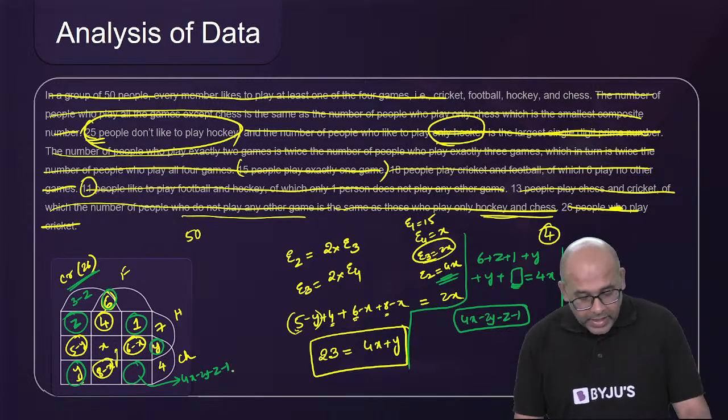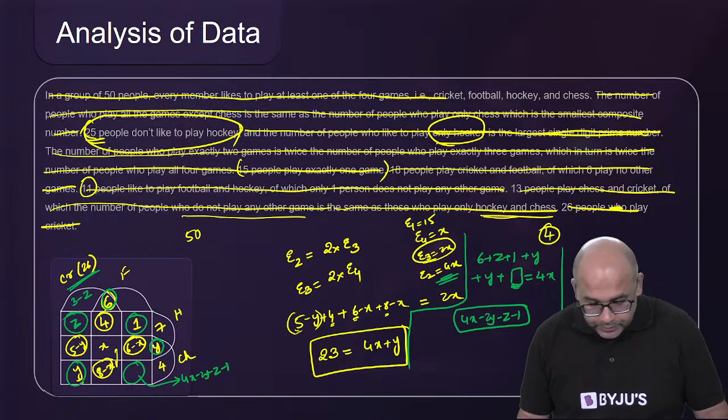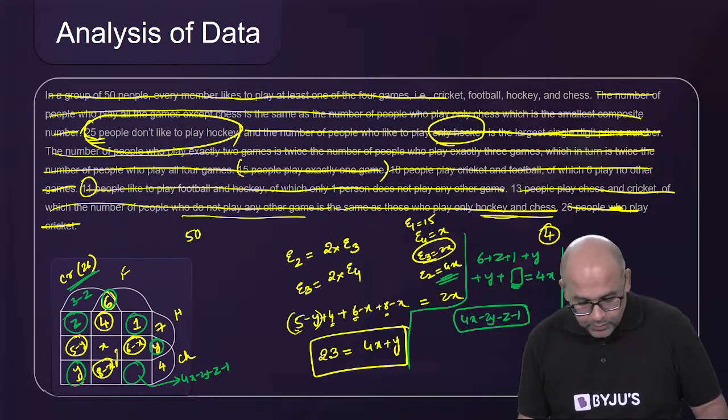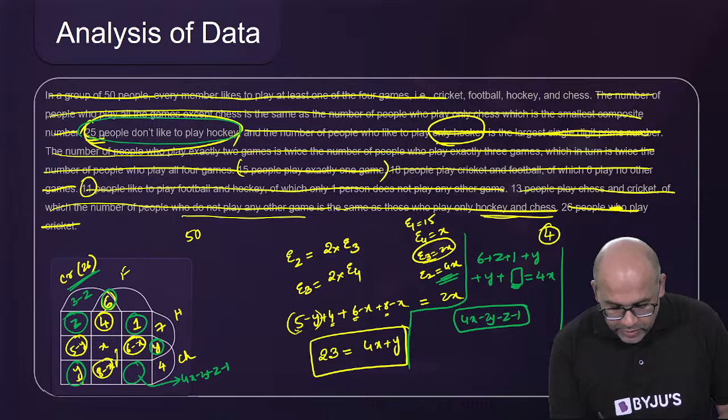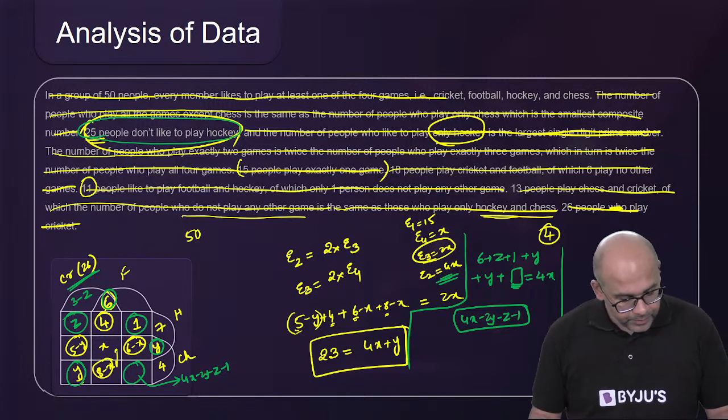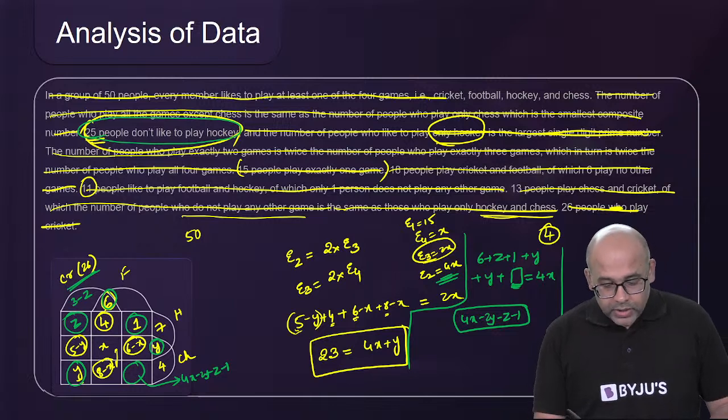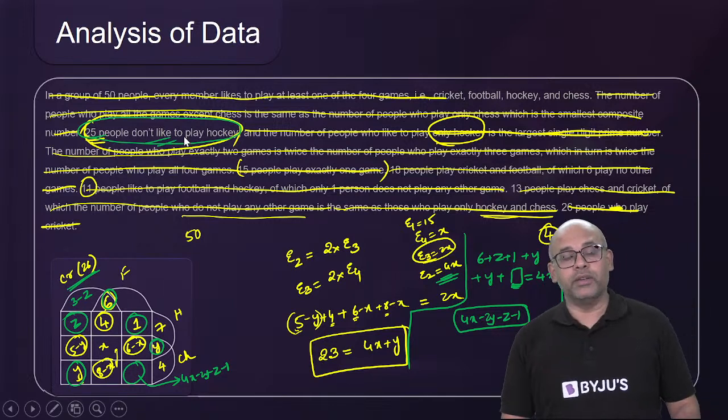Okay, and then what else do you have? Okay, then this is the only information which is left. Yeah, 25 people don't like to play hockey. That's great.